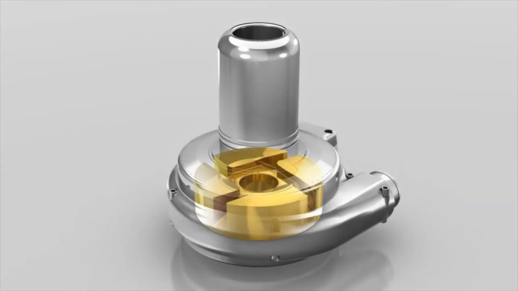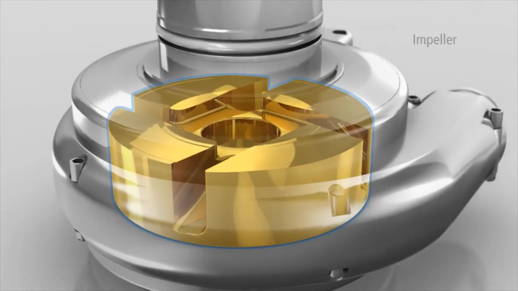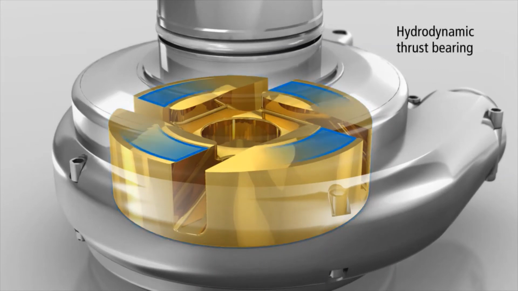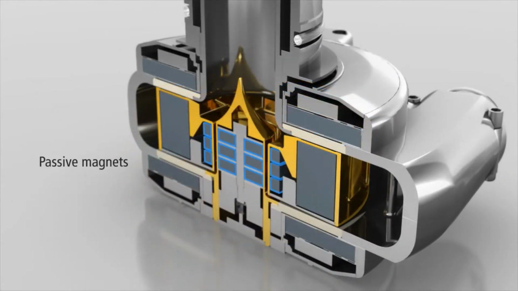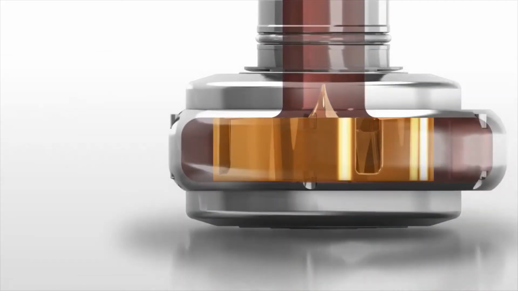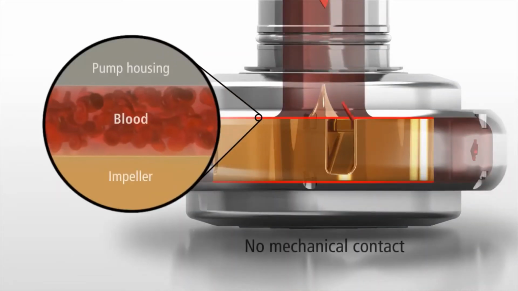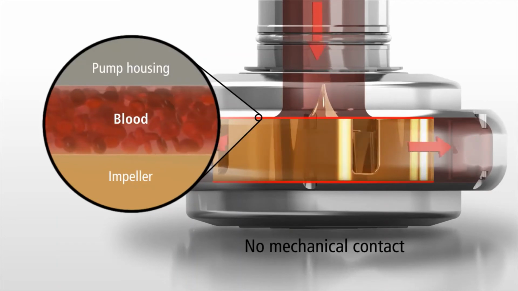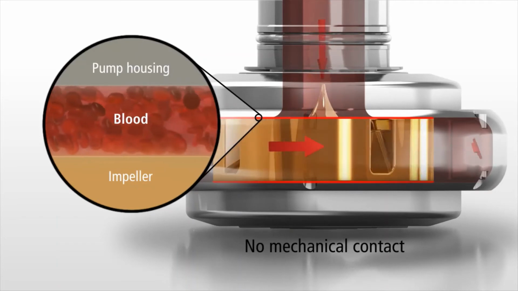At the core of the HeartWare platform is a proprietary suspension system for the wide-bladed impeller. Using a combination of both hydrodynamic and passive magnetic forces, a thin layer of blood is established between the impeller and the pump housing. During operation, there are no points of mechanical contact within the pump, effectively creating a wearless system.